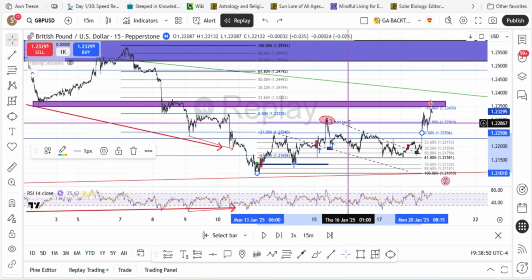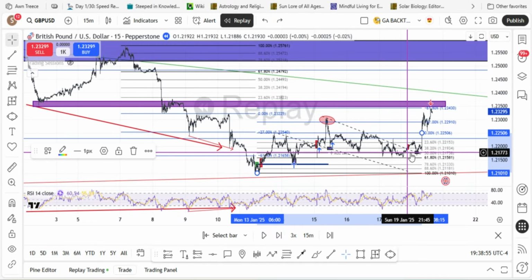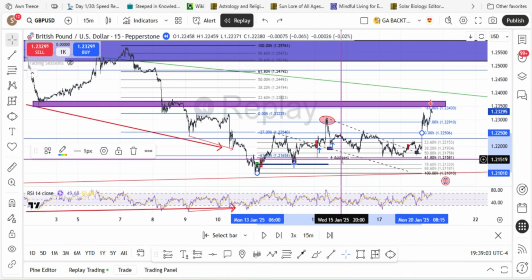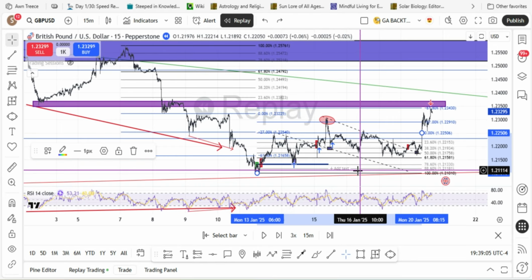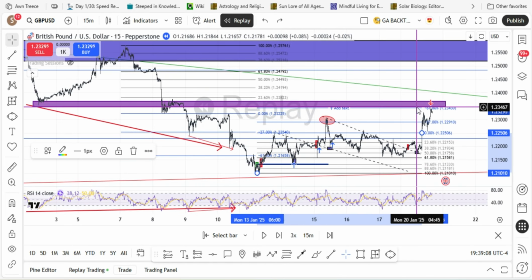Yeah, still to get to here. And then maybe at this one, because it did go all the way down to 78, which means that it's more than likely gonna get here, especially since it's that trend line coming through there and that zone. But it may take a while. So here will really be the only place that I should have possibly taken it all the way up to TP2.